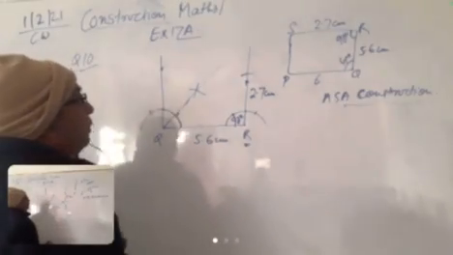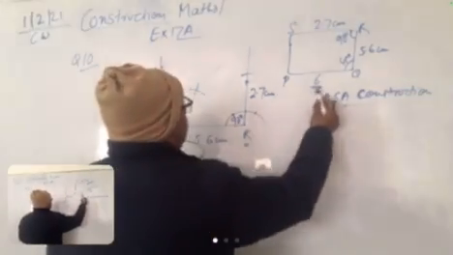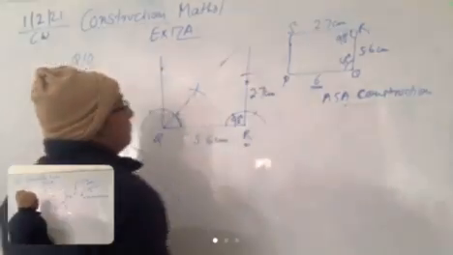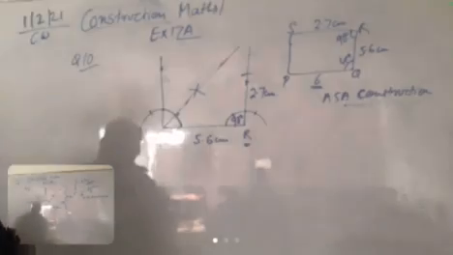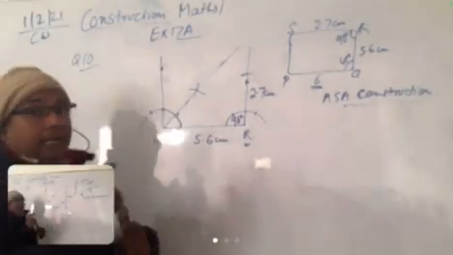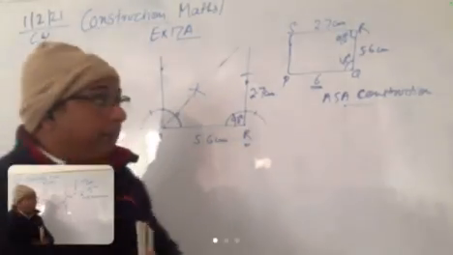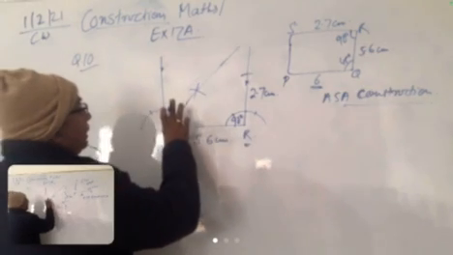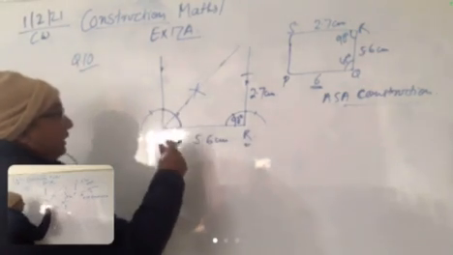And now PQ is equal to 6 centimeter. Now take a radius of 6 centimeter in your compass and put Q as a center.